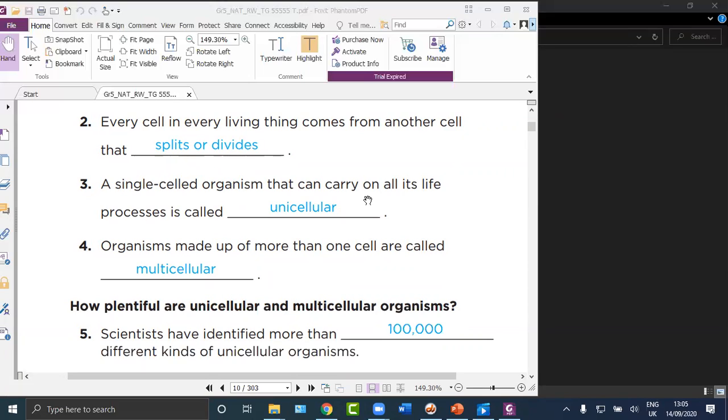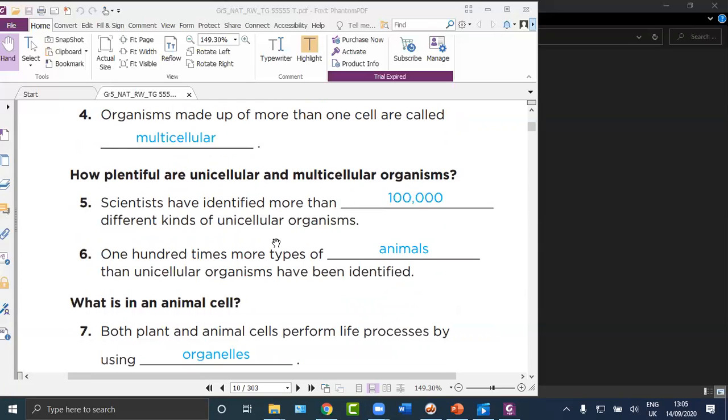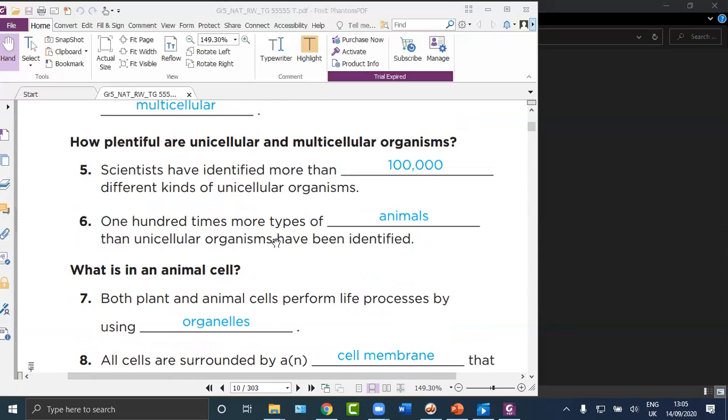Using, who can correct? Organelles. Using organelles. Okay. You made number 7, but you did not make number 6.